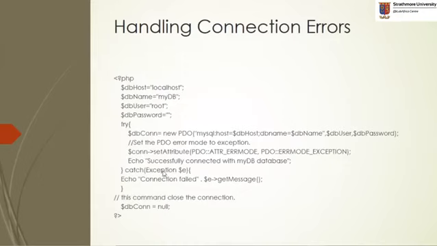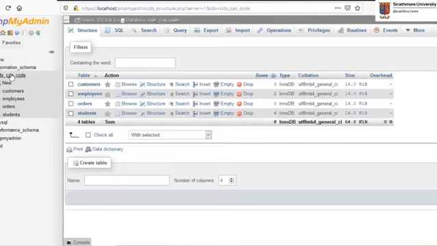I have taken you to phpMyAdmin, where I have my database. My database is called Kids Can Code. And this Kids Can Code has different tables. It has a table customers, it has a table employees, it has a table orders, and it has a table students.